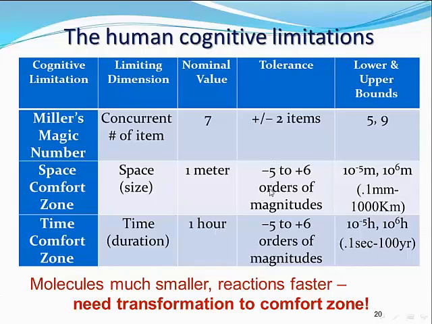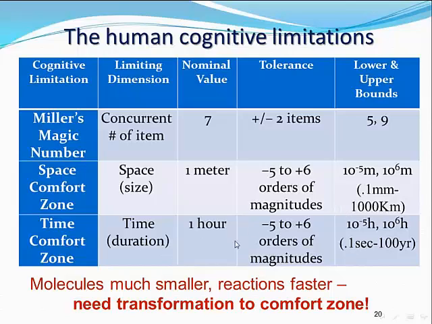So the tolerance, from what I found, is -5 to +6 orders of magnitude of 1 meter, which means it's between 0.1 millimeter to 1,000 kilometers. This is something that humans can relate to with their senses. It's like the thickness of a hair and the distance between two very distant cities.